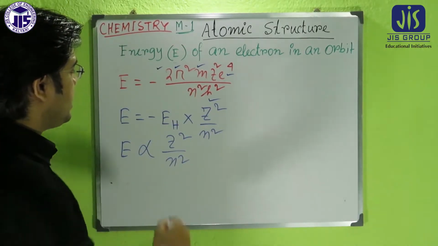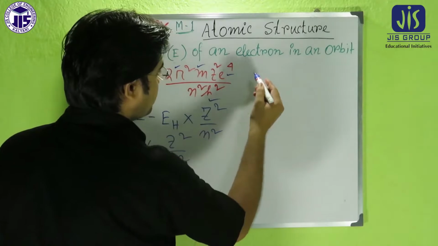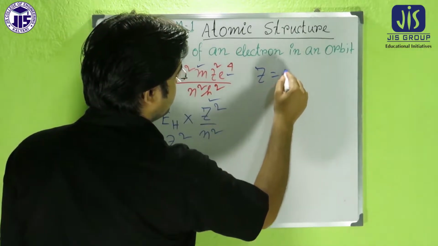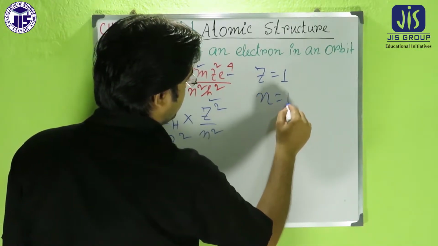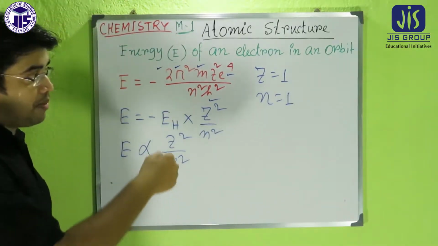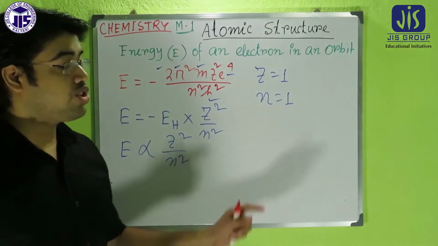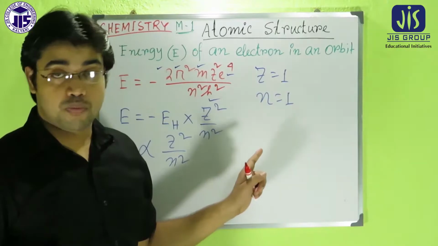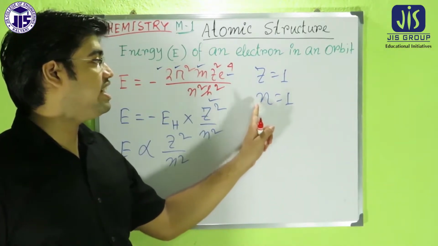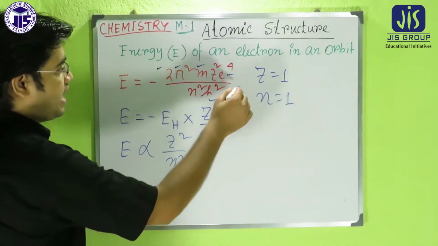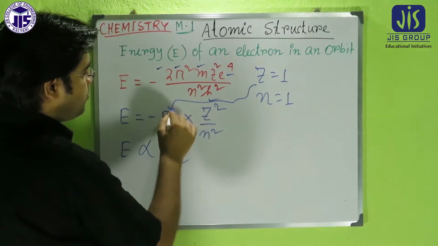That means in case of hydrogen, when we take Z equal to 1, and if we consider principal quantum number 1, that is the first orbit of the Bohr model, then n equals 1. So then it will be equal to EH.